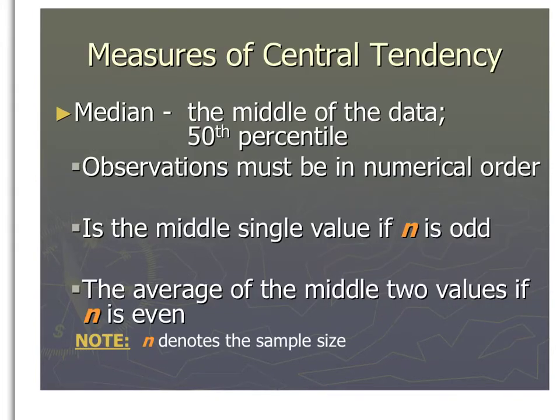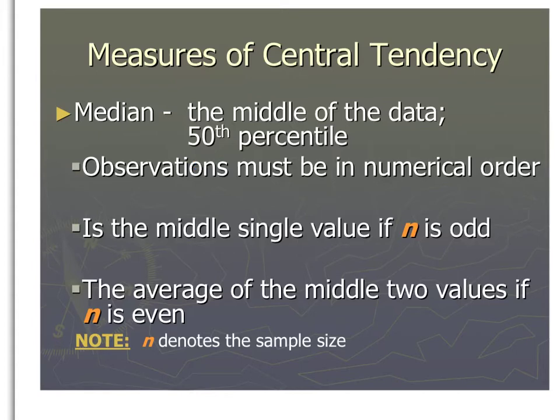Alright, we're going to talk about three measures of central tendency. That's the center of the distributions. The first of which is the mean. And the median. The median is the middle of the data, also referred to as the 50th percentile, which means that 50% of the data fall below the median and 50% of the data fall above the median.